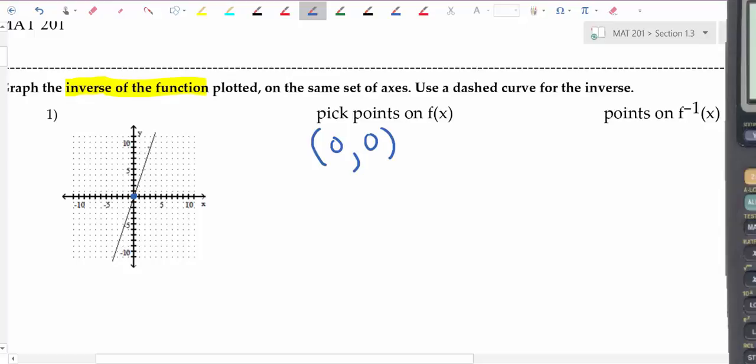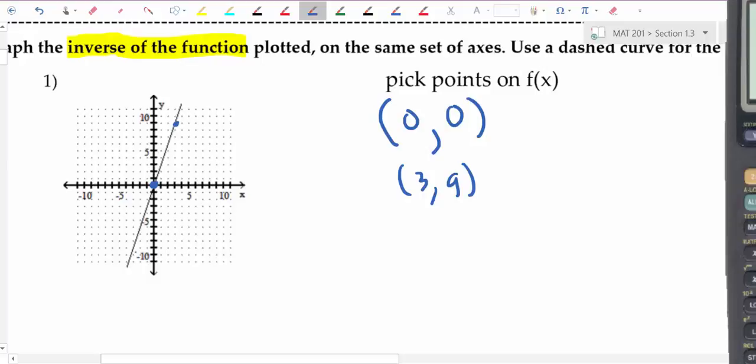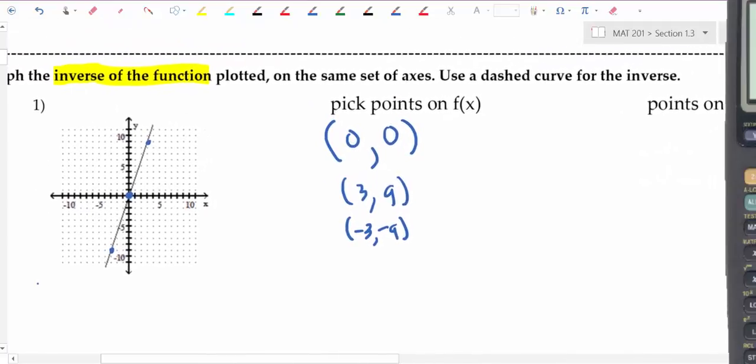I like this point right here, which looks to me like, help me out now because I don't see real well sometimes either, is that 3, 9? Yeah. Okay, very good. It's hard for me to see that. I'm going to zoom a little bigger one more time. And this point right here, that looks like -3, -9. What do you think? Tell me if I'm seeing well or not.